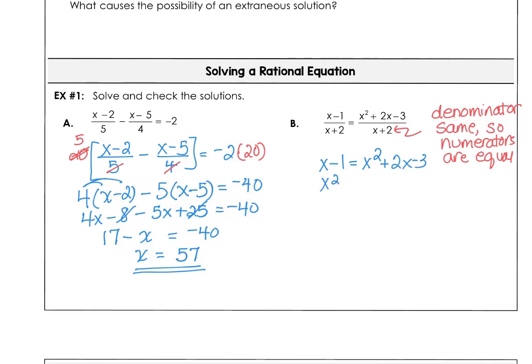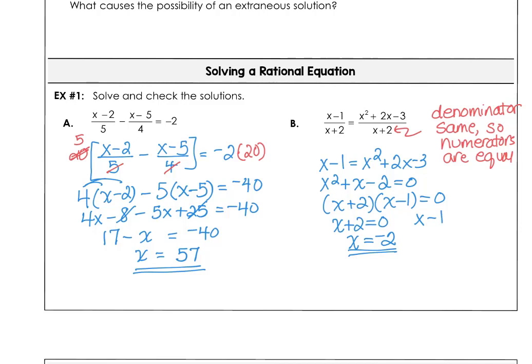Collecting all the terms on one side, we have x squared plus x minus 2 is 0, so x plus 2 times x minus 1 would be 0, and using the zero product property, x plus 2 is equal to 0 when x is negative 2, and x minus 1 is equal to 0 when x is equal to 1.